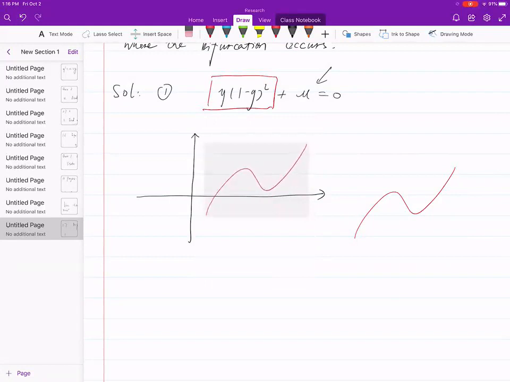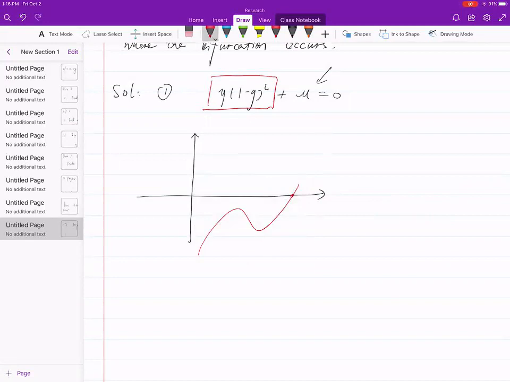Then it really depends on how big mu is. If everything is like that, what do we conclude? One equilibrium, because we only have one intersection with the x-axis. The equilibrium is here. Good so far? For very big mu, this is what happens. For very small mu, this one can move up and down, and you also only have one equilibrium, which is here.